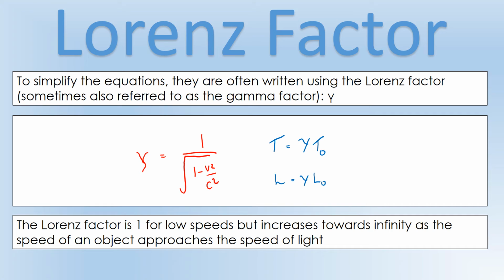That's why if the speed isn't very much, we don't notice this length contraction or time dilation. As you increase towards the speed of light, this gamma factor tends towards infinity. So as this gamma factor gets bigger, the proper time is becoming smaller relative to the time for someone outside the reference frame. And it's the same thing for length as well. That's just some notation that I'll refer to a little bit later on.